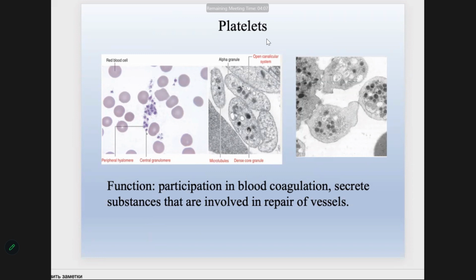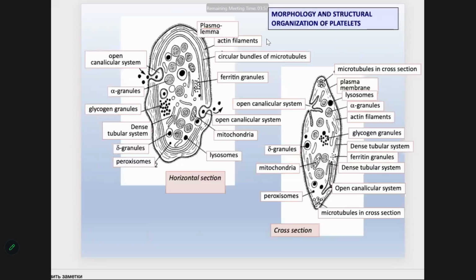These small portions are named platelets. It is an unusual development of these formed elements, and we can see an unusual plan of structure. So look at the slide, the morphological and structural organization of the platelets.